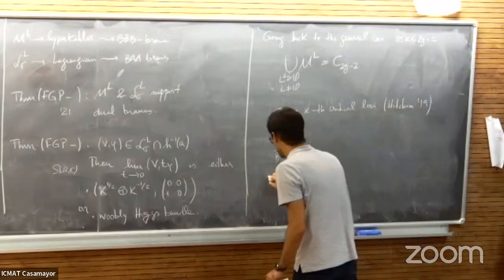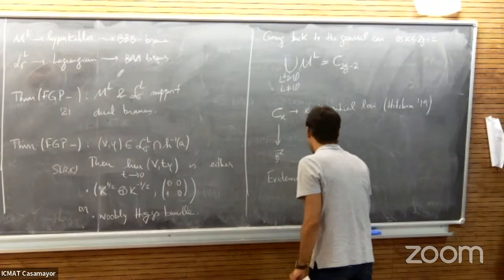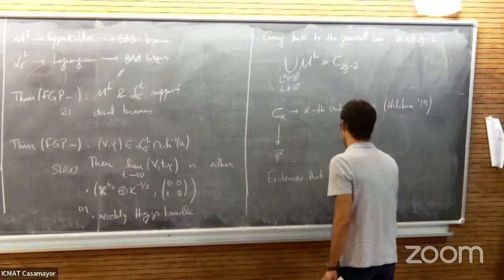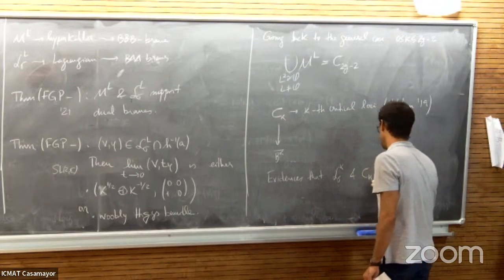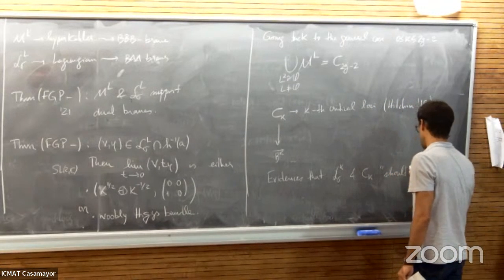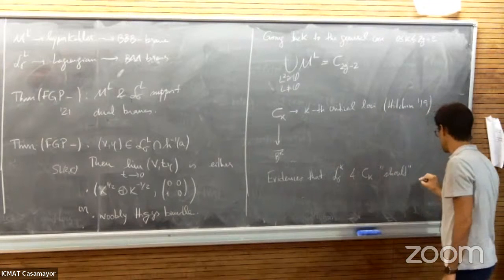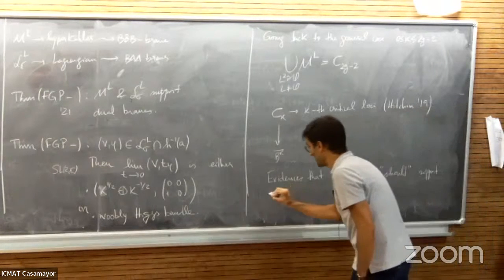So there are evidences that L sigma K and CK should, I'm going to put this in quotes, support dual branes.